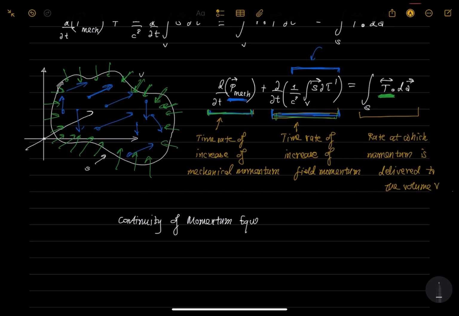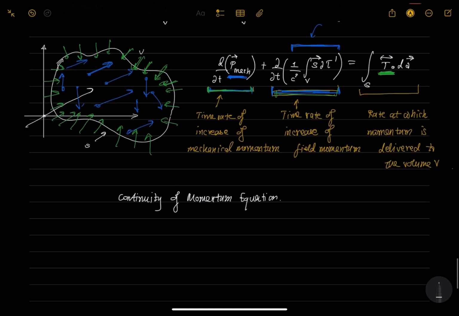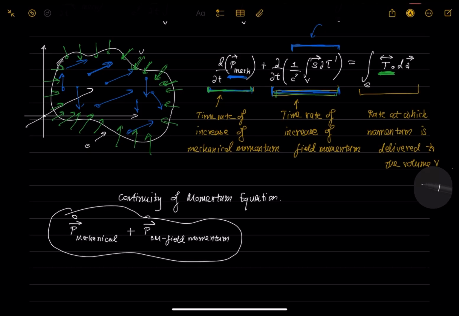So in words, if we're going to put this in words: the time rate of change of mechanical momentum plus the time rate of change of the EM field momentum, the momentum that's stored in EM fields. So the time rate of change of the total momentum that's stored inside this volume, actually.